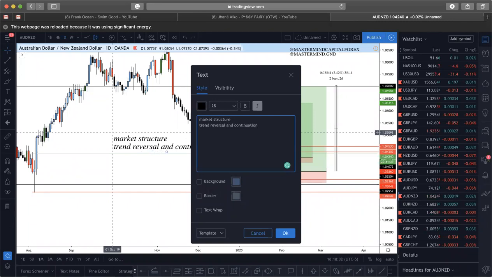Then trend lines, right? We have to tie in more time analysis.